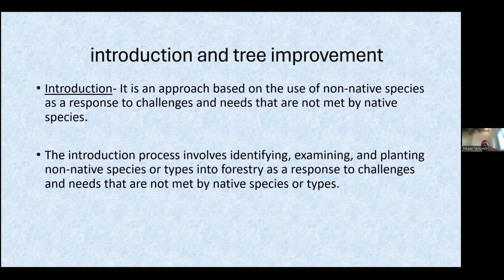But if you have a good tree that responds to the challenges, you won, and you have a good tree that can give you the answer to your problem. And I will give an example.